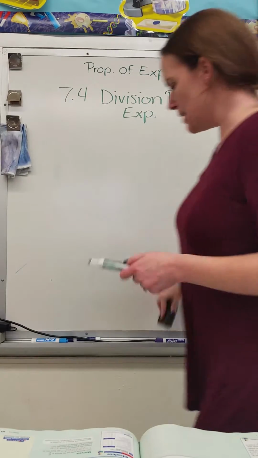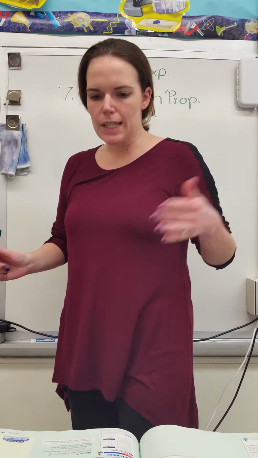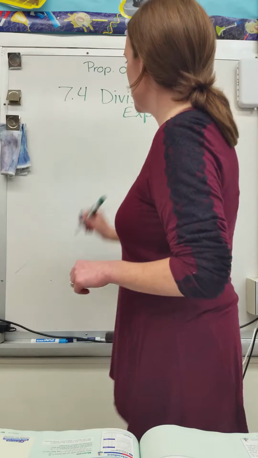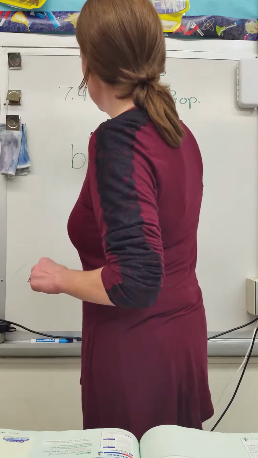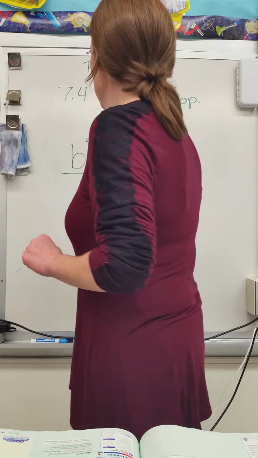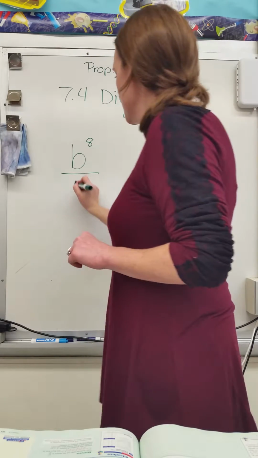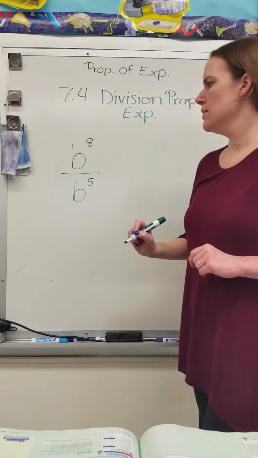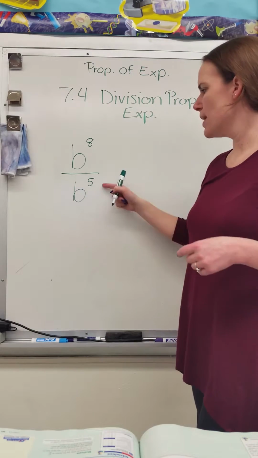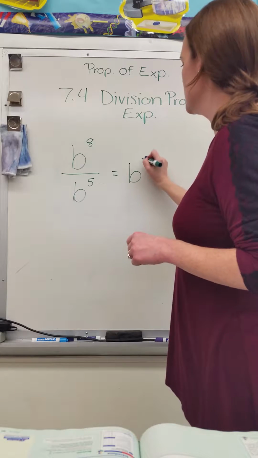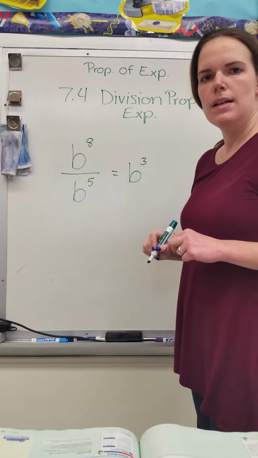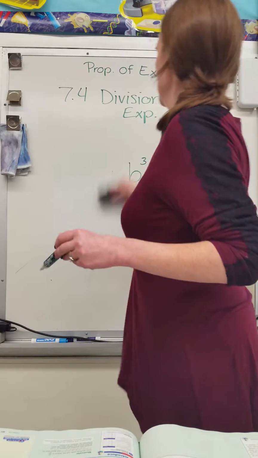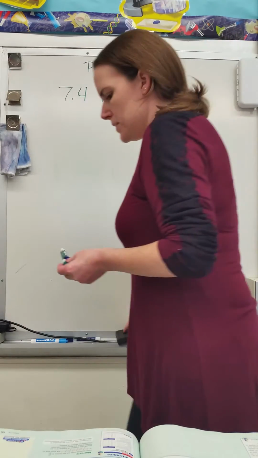Just to give you some examples, these can be really easy or they can get challenging. If you have, let's say, b to the 8th, and I'm going to divide that by b to the 5th. That's just 8 minus 5. It's going to be b to the 3rd. The same thing happens with negatives.